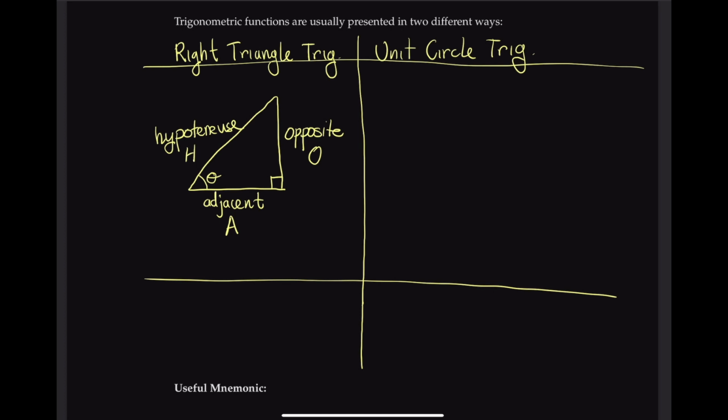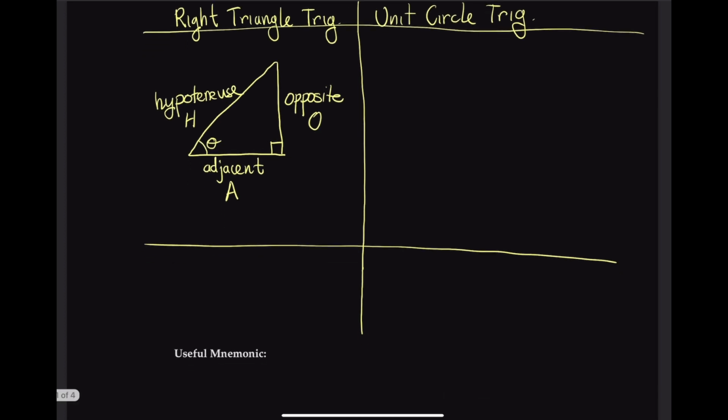Okay, now with that triangle drawn, we can define our initial three trig functions. Now the trig functions are going to be functions on this angle here. So that means you're going to input the angle into the function, and the function gives you back a number. And that number is going to be a ratio of two of the three sides. So the first trig function that we're going to learn about is the sine function.